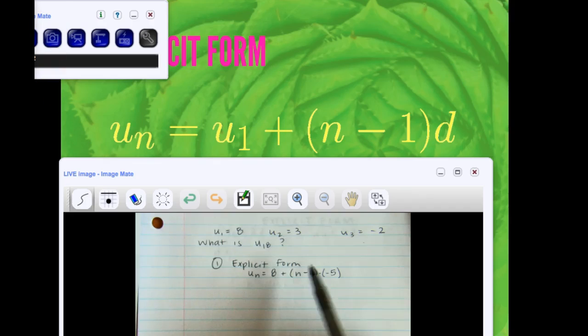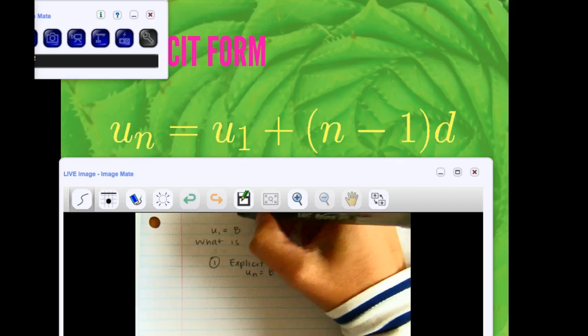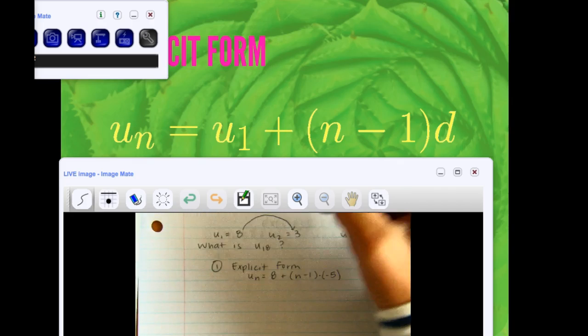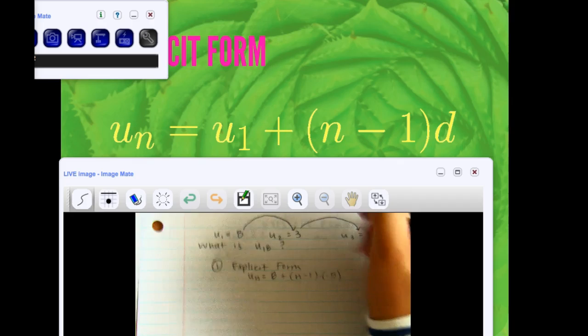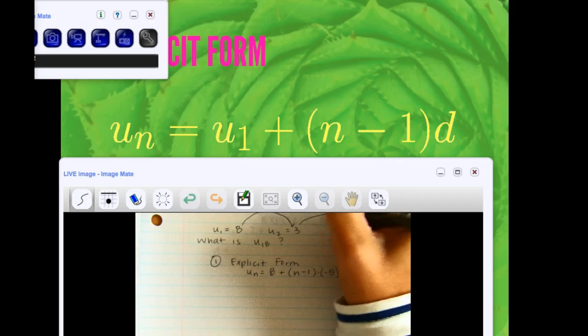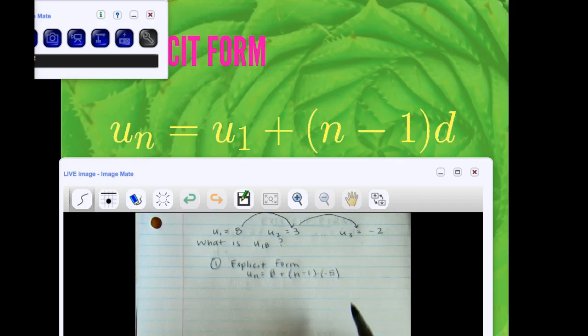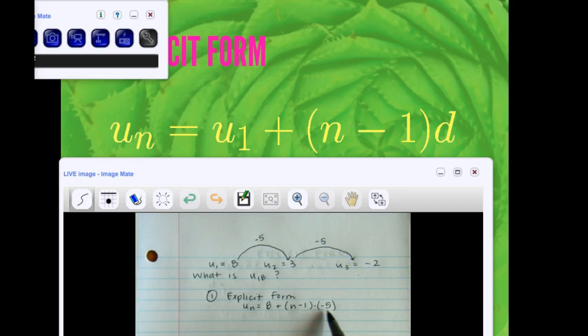Okay, so you should have figured out that your explicit form is u sub n equals 8 plus n minus 1 times negative 5. To help you get there, you should have answered that your common difference going between these terms is subtracting 5. Since I'm subtracting 5 between these terms, my difference is going to be negative.